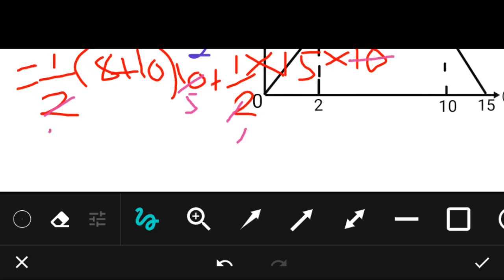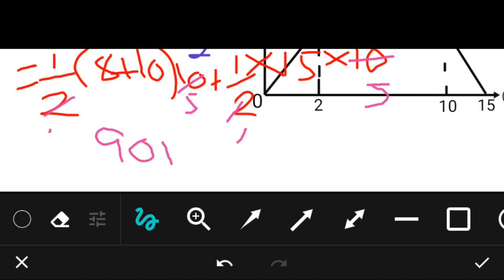Then 2 there is 5. Okay. Then here now you can add what is in the brackets. 8 plus 10. That is 18. Then 18 times 5 there. That is 90.